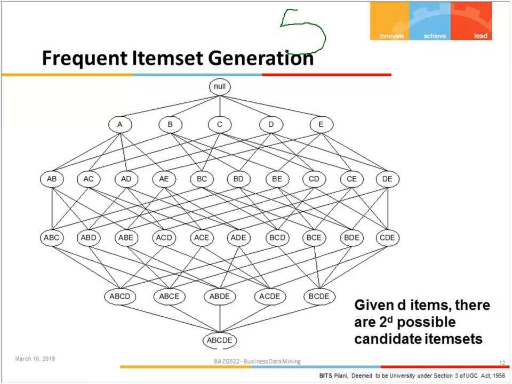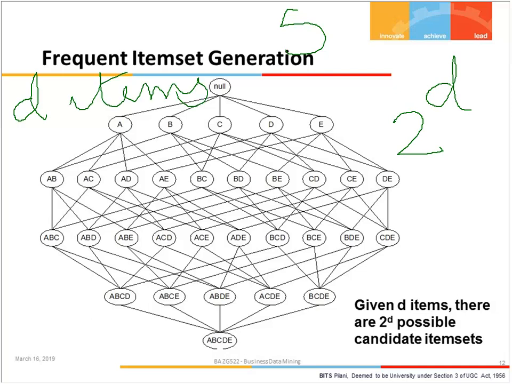So in general, this is going to be 2 to the power of d possible candidates, given that the store sells d items. Now, if a store sells 1,000 items, what will be the number of candidates?